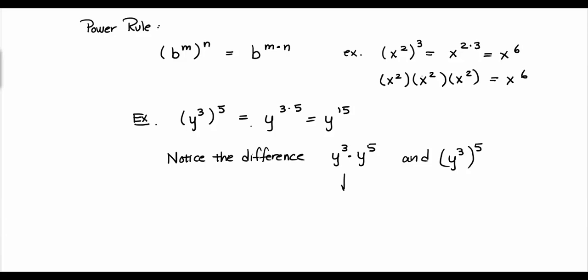In this case, I have y to the 3 plus 5, which gives me y to the 8th. Whereas here I have y to the 3 times 5, which gives me y to the 15th, okay? So notice the difference in our notation here and what the different rules are.